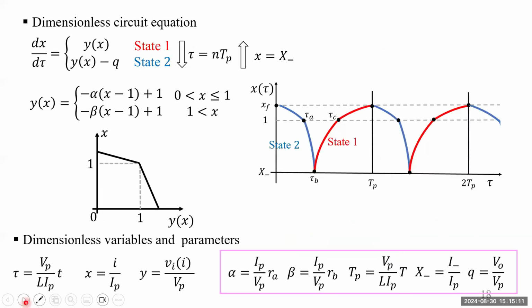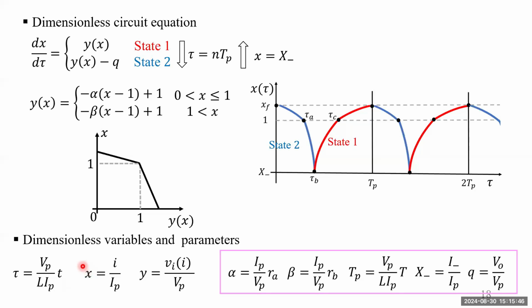And next, we simplify the ODE into dimensionless form. We define dimensionless variables and parameters: normalized time tau, normalized by the time constant, dimensionless current x, and dimensionless input voltage y. And alpha, beta are proportional to slopes, TP is the clock period, x minus is the lowest threshold, and Q is the output.